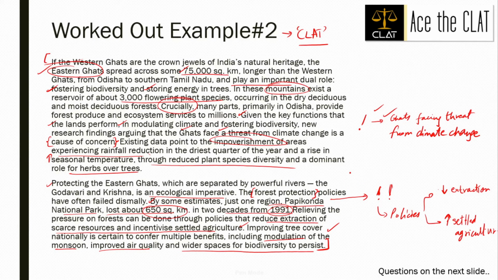Then he specifically points out a particular national park, right, which has lost a lot of area in the last 2 decades. Then he gives 2 or 3 suggestions, right, that we need to relieve the pressure from the forest. How that can be done by lowering or reducing the extraction of scarce resources, and by promoting settled agriculture. The second thing is we need to improve tree cover.